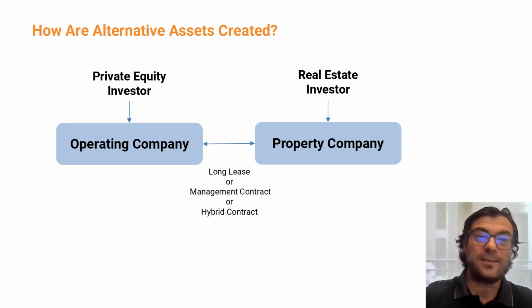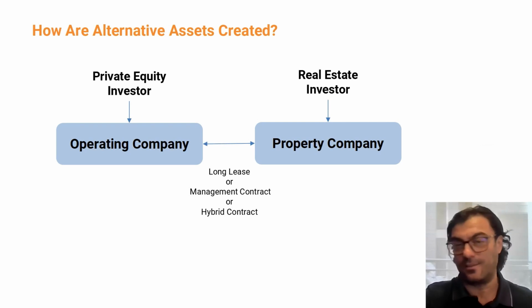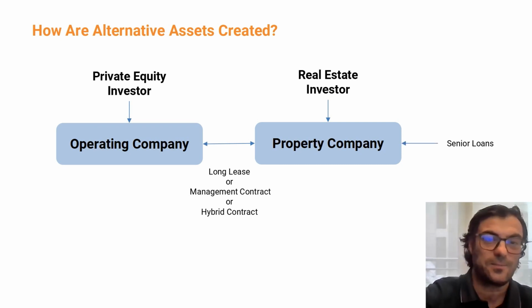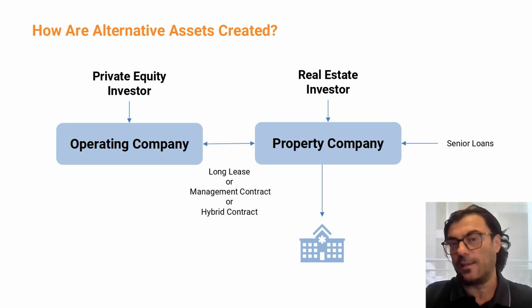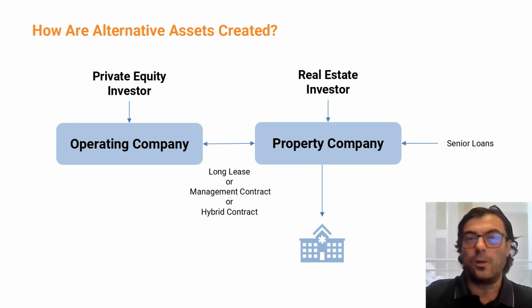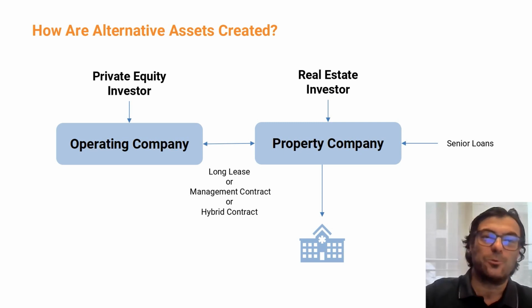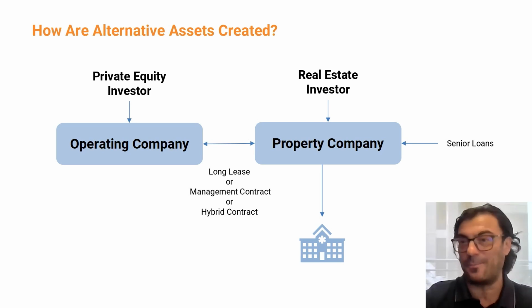Then, depending on the degree of revenues coming from the operating model, in case there are third-party assets managed, the investment will become either a private equity or a real estate investment. And typically, banks will provide a very attractive level of financing to a property company because they have an asset to secure the mortgage, whilst if the operating company tries to borrow money, it might be extremely expensive.